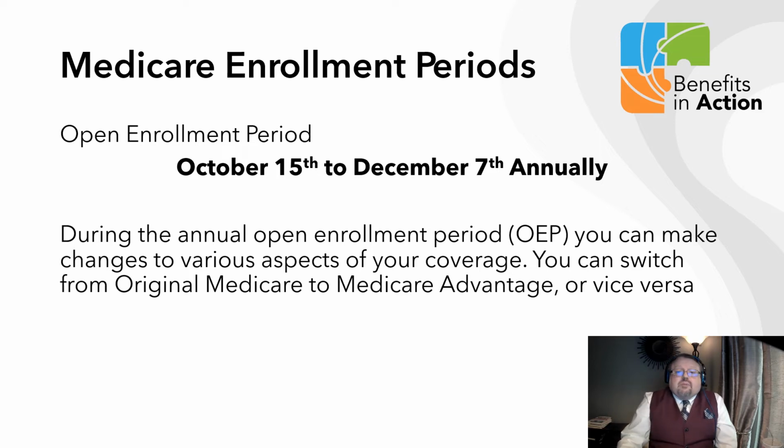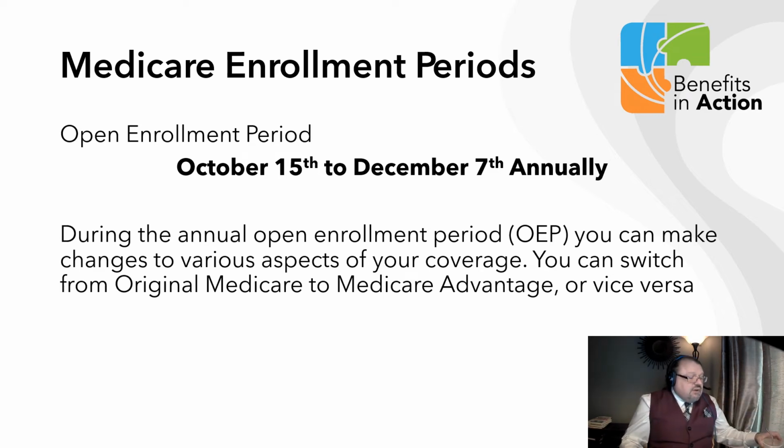The open enrollment period for Medicare is annually from October 15th to December 7th. During this open enrollment period, you can evaluate your prescription drug plans to find out if there might be one that is less expensive for you in terms of out-of-pocket costs and the premium.